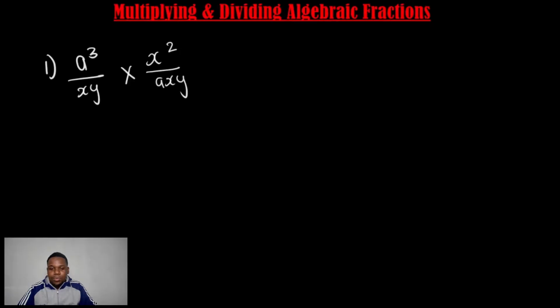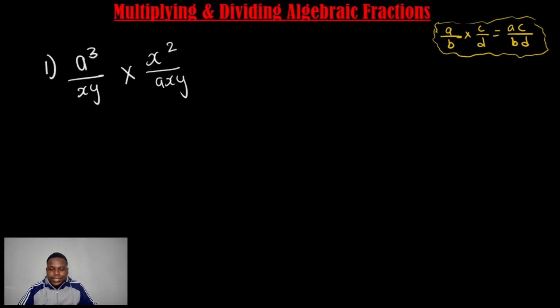For a squared x over xy being multiplied by a x squared over axy, the only thing we do is just multiply the numerators and multiply the denominators, and we simplify if we can. So let's write this as one fraction.